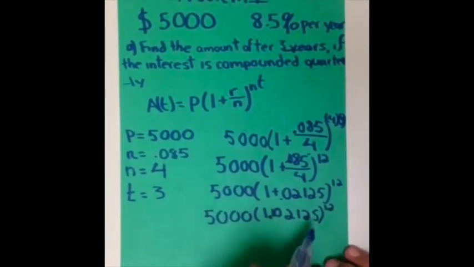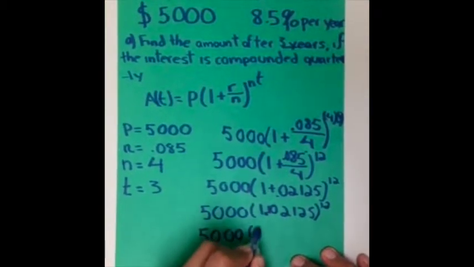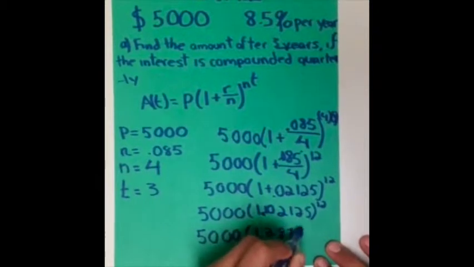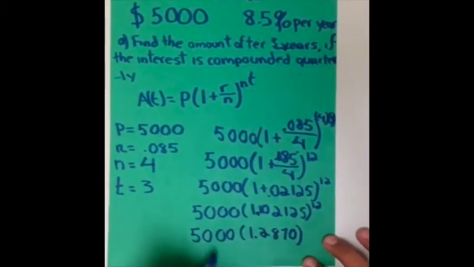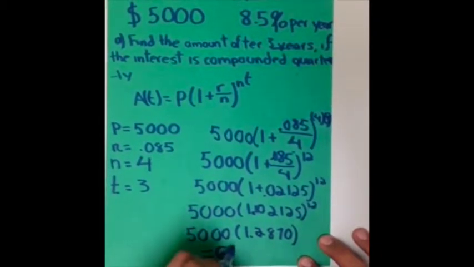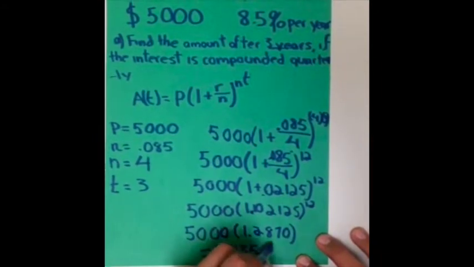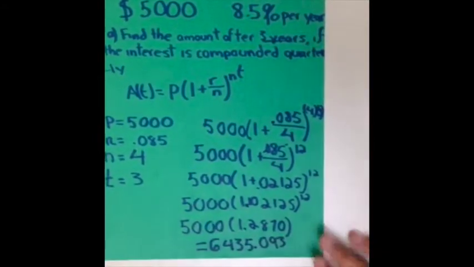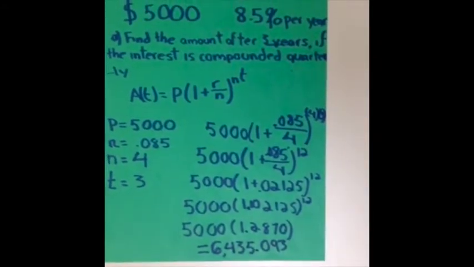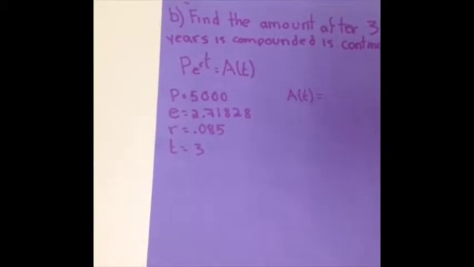Now we elevate this to the 12th and we get 1.2870, and we multiply and we get that in 3 years he had an amount of 6,435.0.